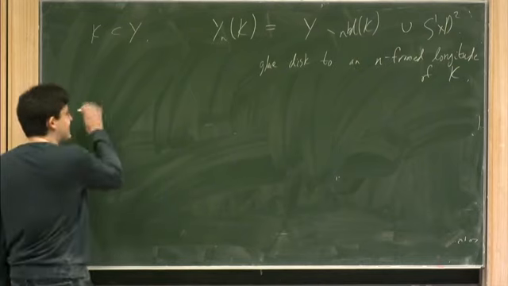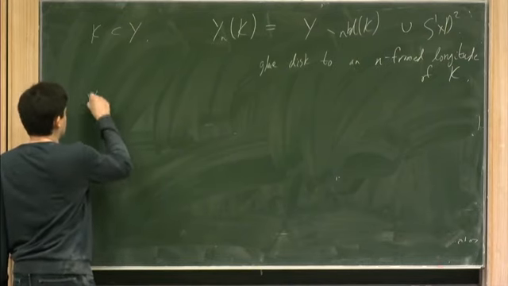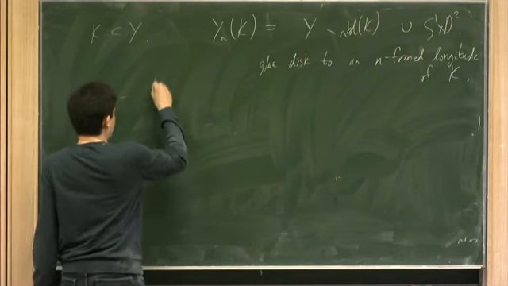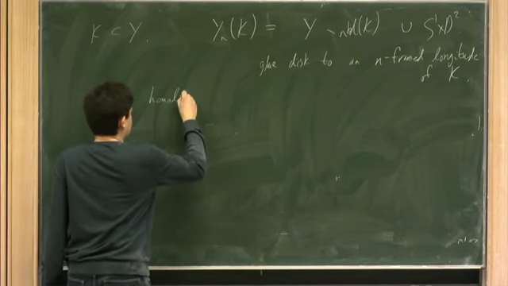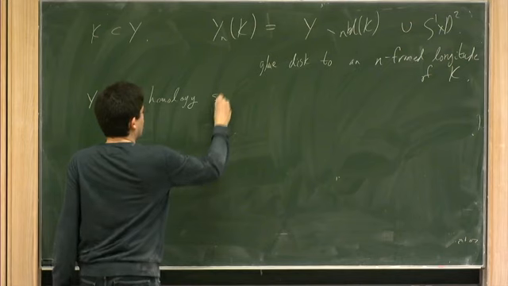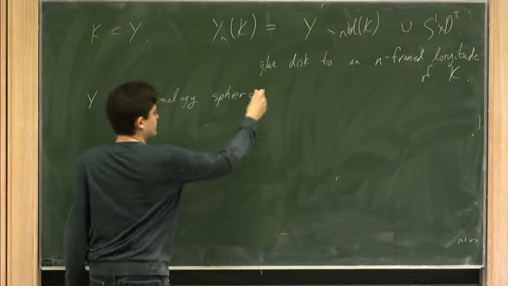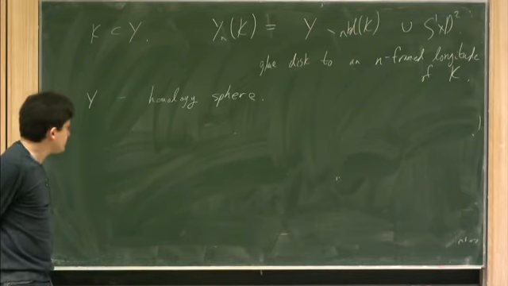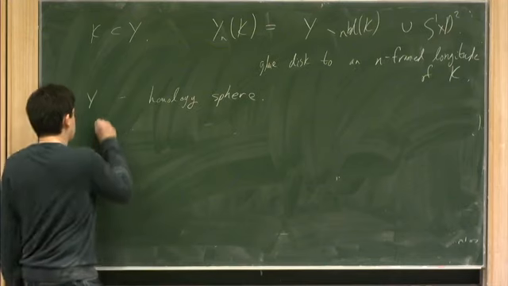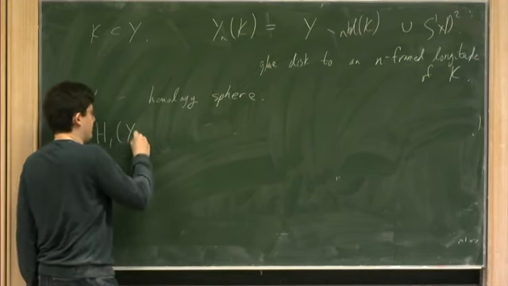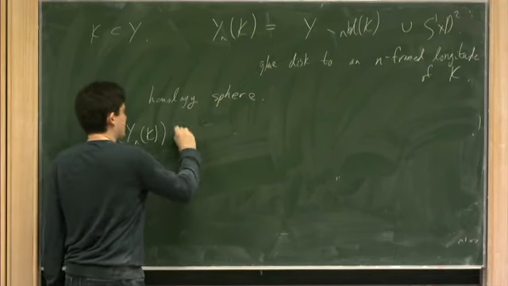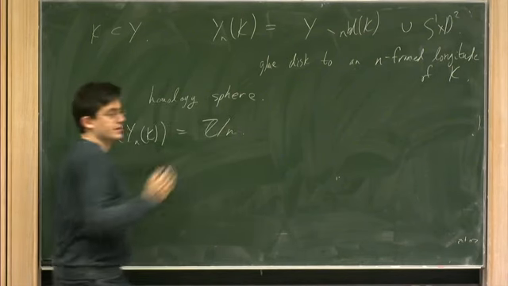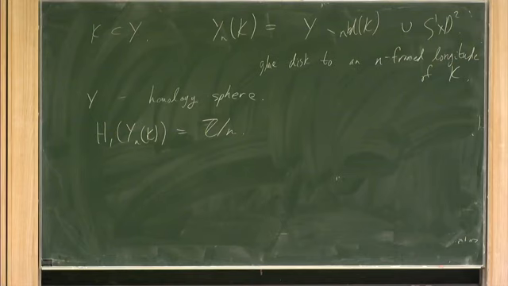Let's assume that Y is a homology sphere, just to make our lives easy. In most of the examples we're going to be talking about, it's going to be S^3, but we might as well try to say things generally. One fact to notice is that H_1 of Y_n(K) is isomorphic to Z mod n.